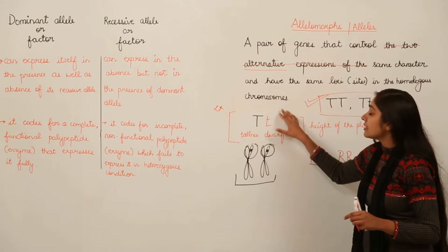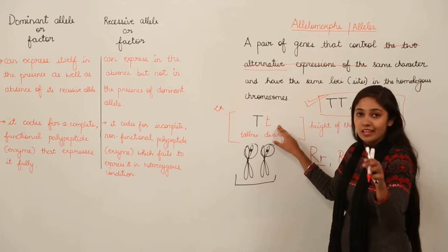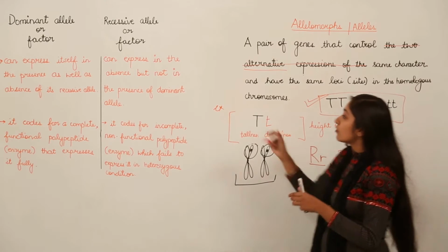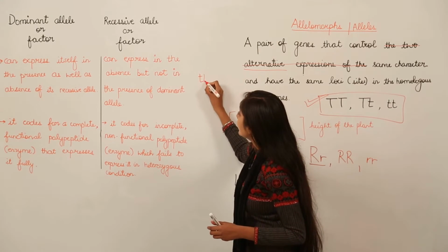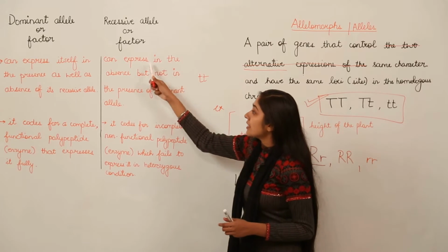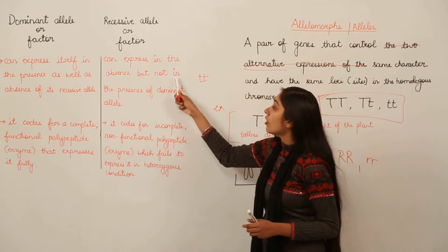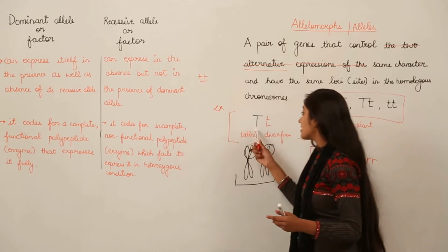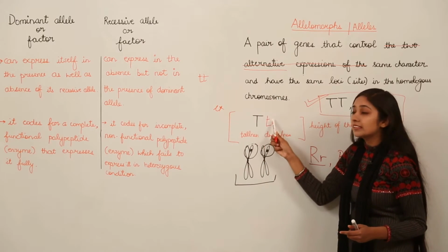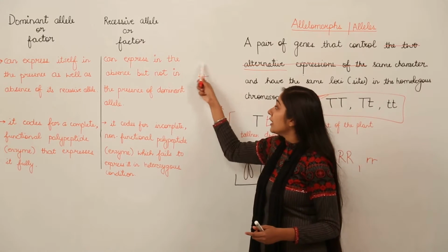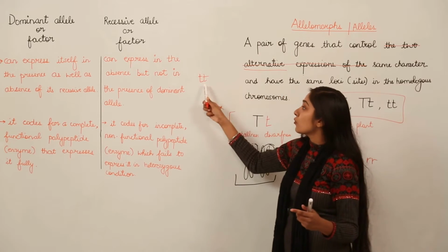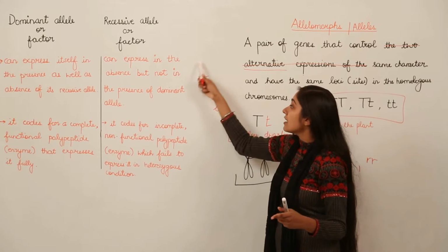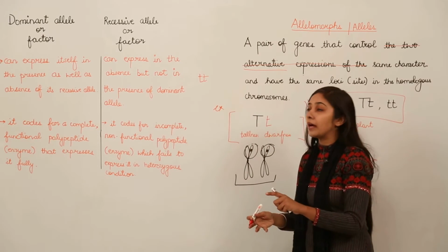So remember that this allelic pair, if it is there, the recessive allele is not going to express. It can only express when we have a pair like this. Okay, so it can express in the absence but not in the presence of dominant allele. If dominant allele will be present, it is not going to express itself. But if the dominant allele is absent, this is going to be expressed. Means now we will be having a plant which has short height, a short height plant.